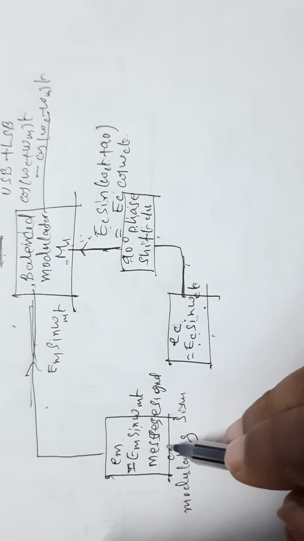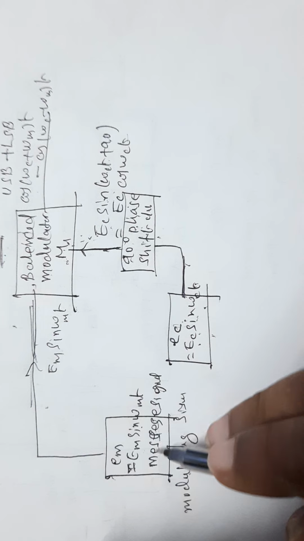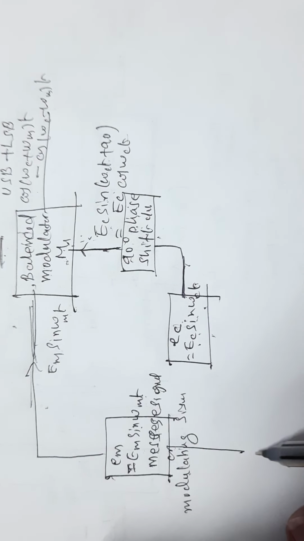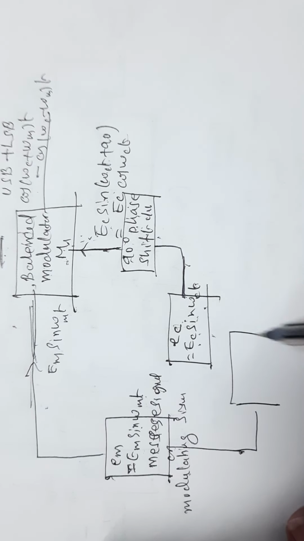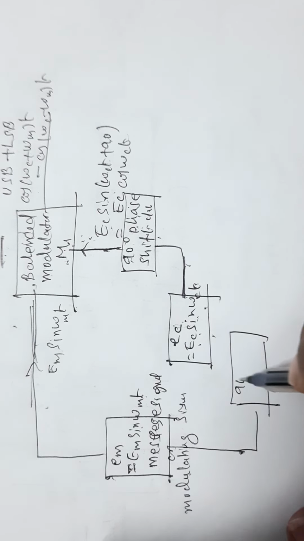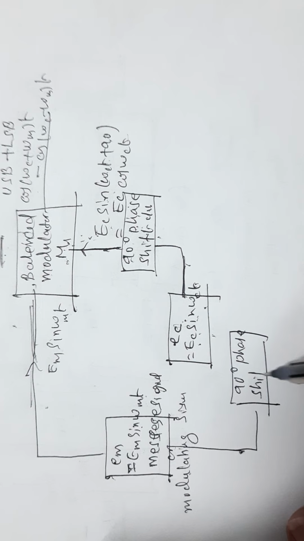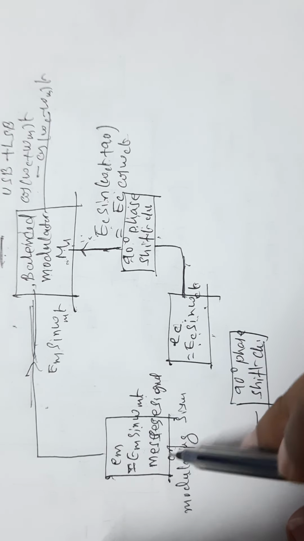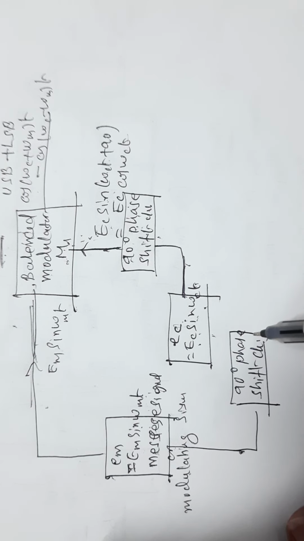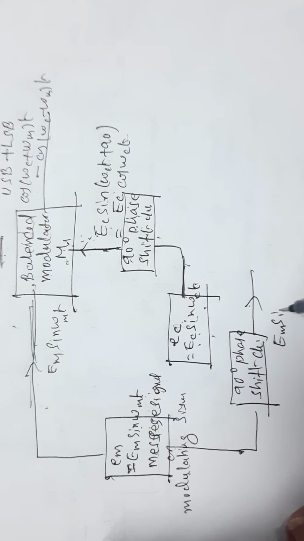Now this Em sin omega mt is applied to a 90-degree phase shift circuit. This will add 90 degrees to this Em sin omega mt. Therefore, the output of this is Em sin of omega mt plus 90.